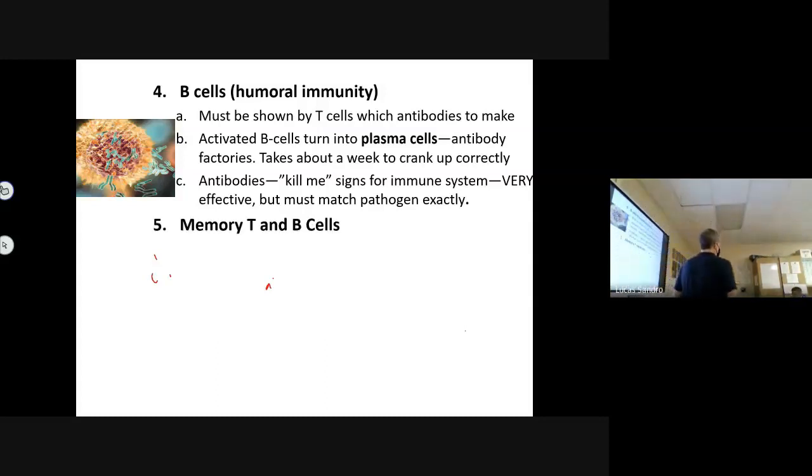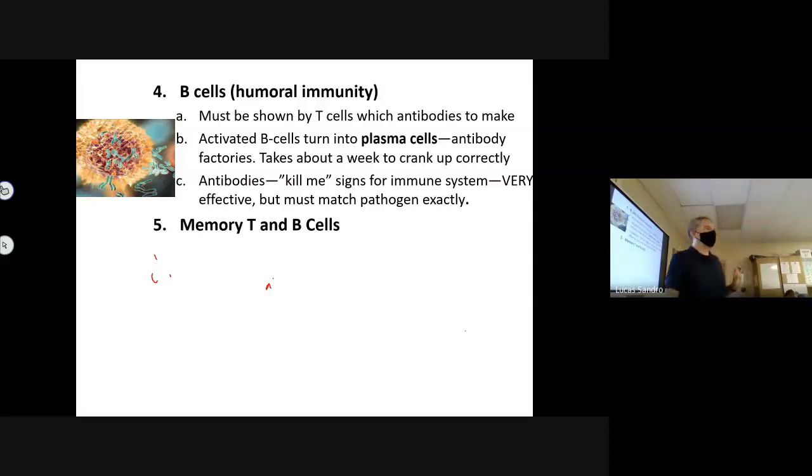What's nice is that once you take the week to figure out how to make antibodies against this one specific pathogen, you don't lose it. Your antibodies go away, they degrade, and most of your cytotoxic T and helper T and B cells go away too.